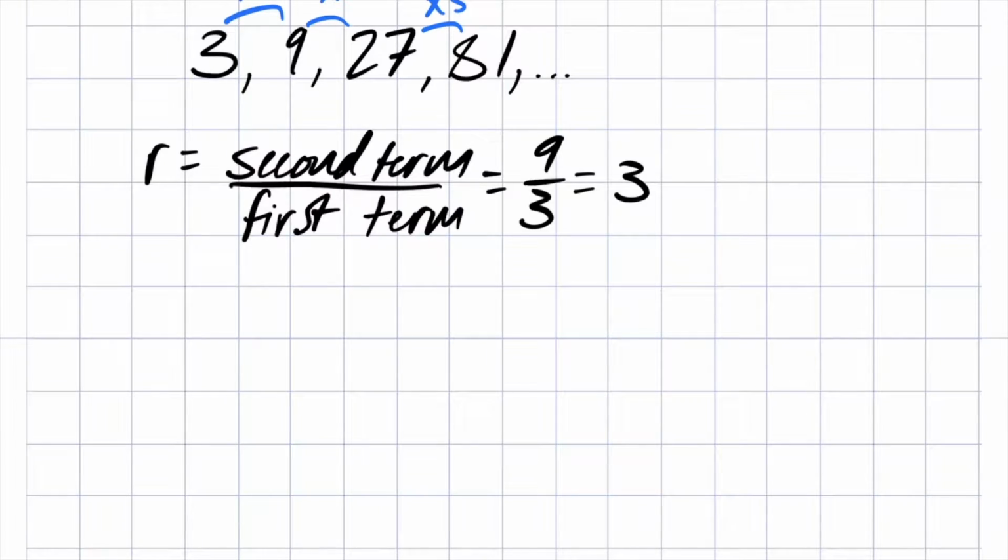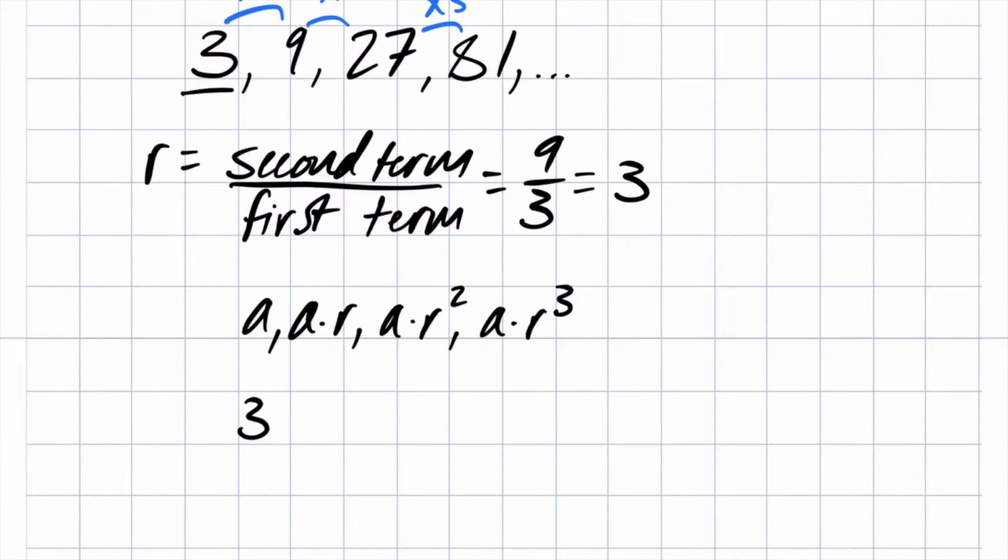Now, according to what we know already, we know that the general form is A, A times R, A times R squared, A times R cubed. So in this case, A is going to be 3, because it's the first term in the sequence.